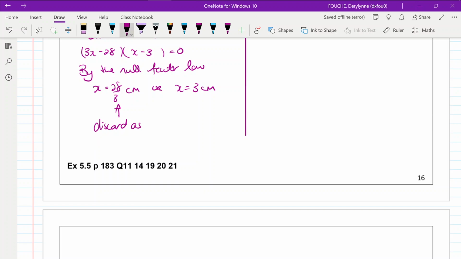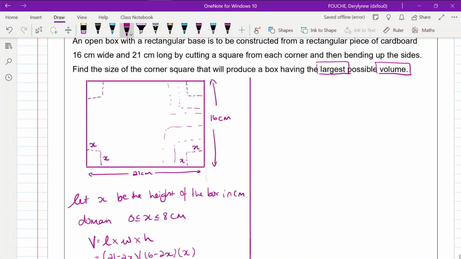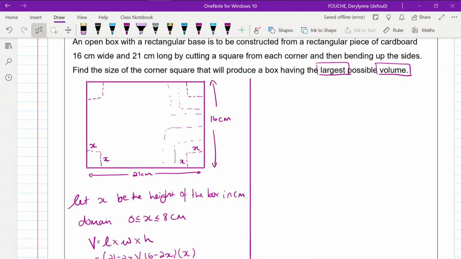We can say that because we know that x has to be between 0 and 8. Okay, I'm just going to go through confirming the nature using our second derivative test. These are always the steps we go through. We're always going to confirm our nature, and we will always check our global maxes and mins as well.